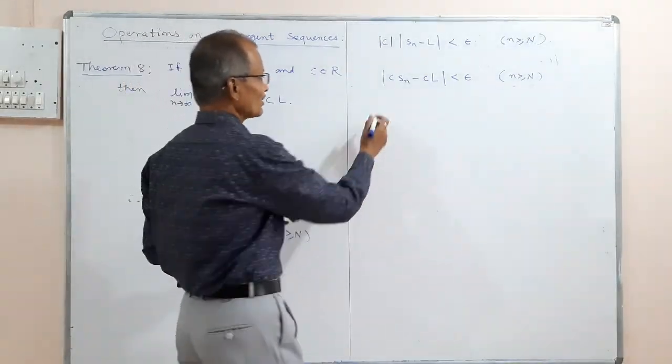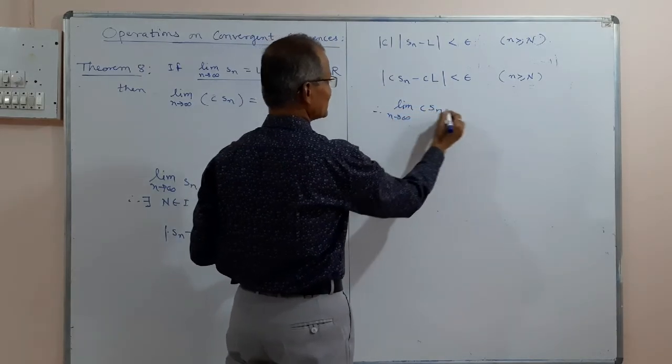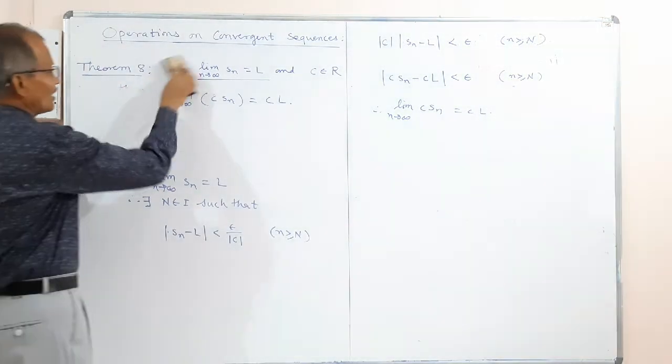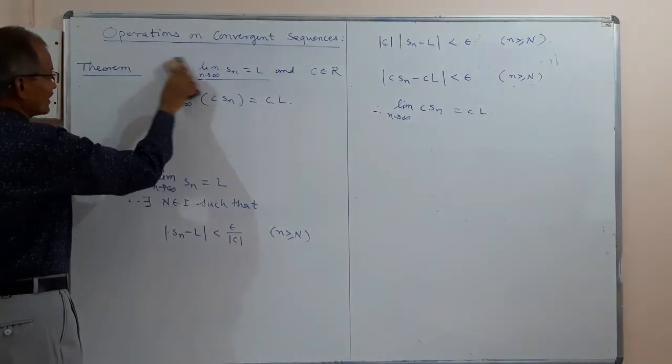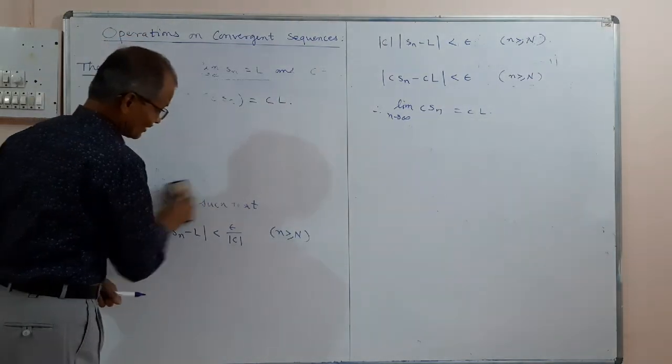This shows limit of C Sn as n tends to infinity is equal to C L, and this proves theorem number 8. Now there is a next theorem which is important, and that we shall consider.